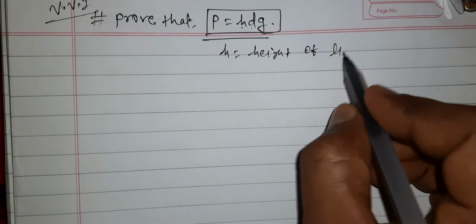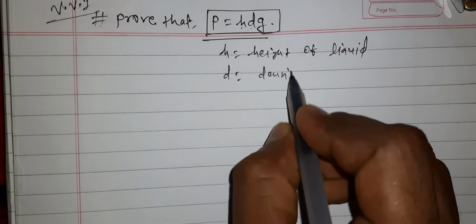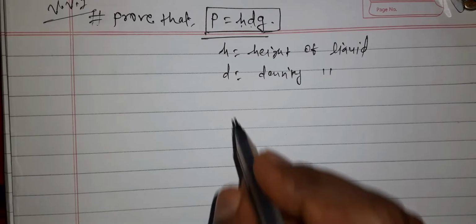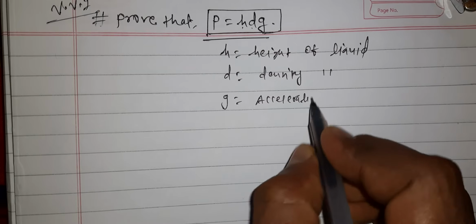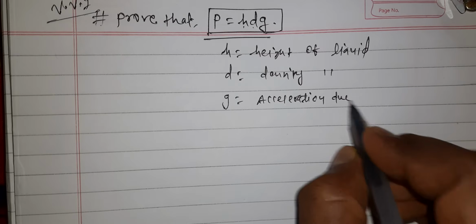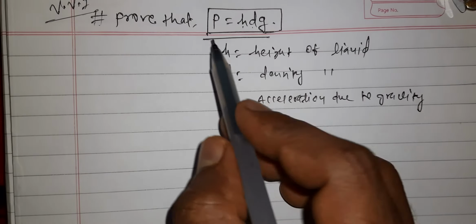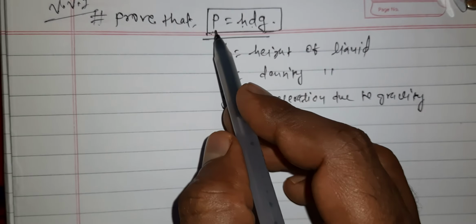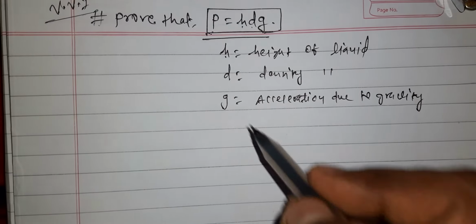Okay, height of liquid. d is equal to density of liquid, and g is equal to acceleration due to gravity. Clear? So now we have to prove the formula of pressure on the basis of height, density and acceleration due to gravity.